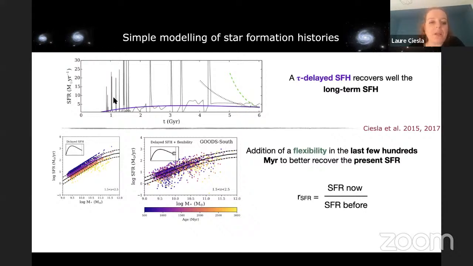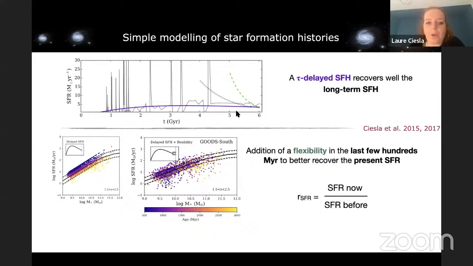And if you compare to the true star formation history of your galaxy, what is striking is first that the exponentially declining one for this galaxy is not a realistic estimate of the star formation history. But the delayed one managed to reproduce the average envelope of your star formation history. But of course, because it's too simple, you cannot recover all the typical variation.